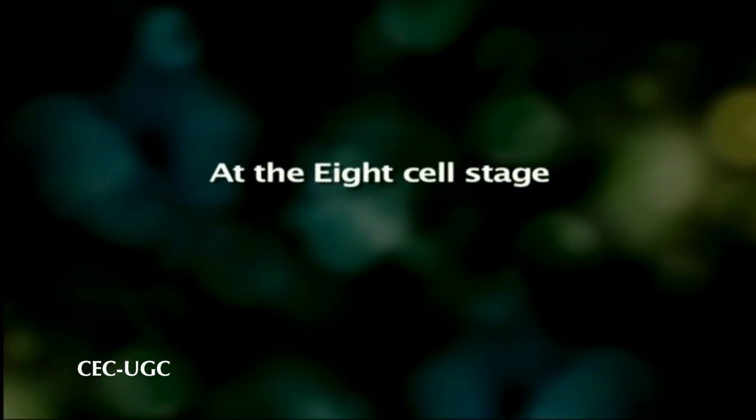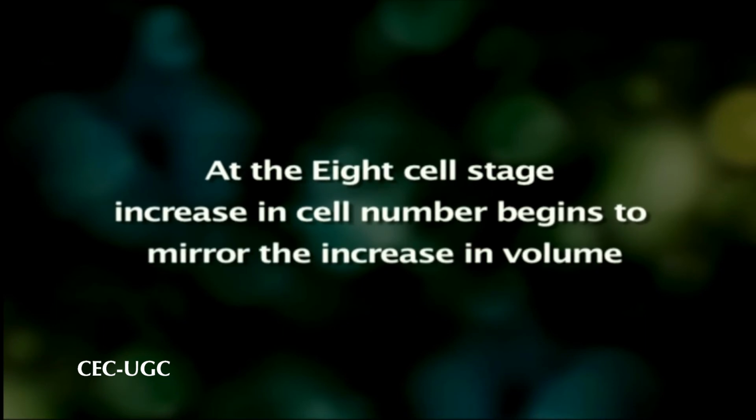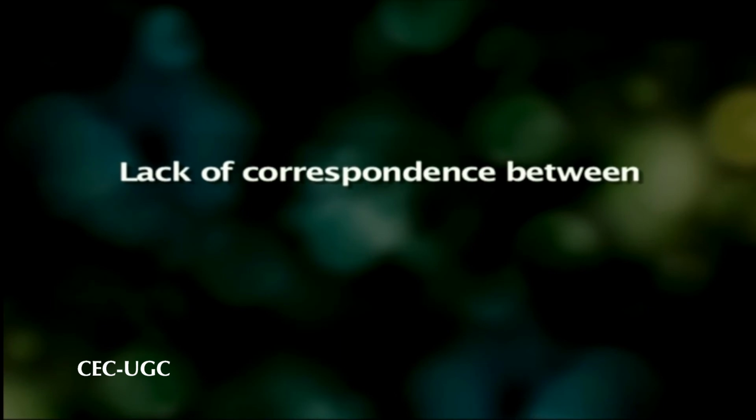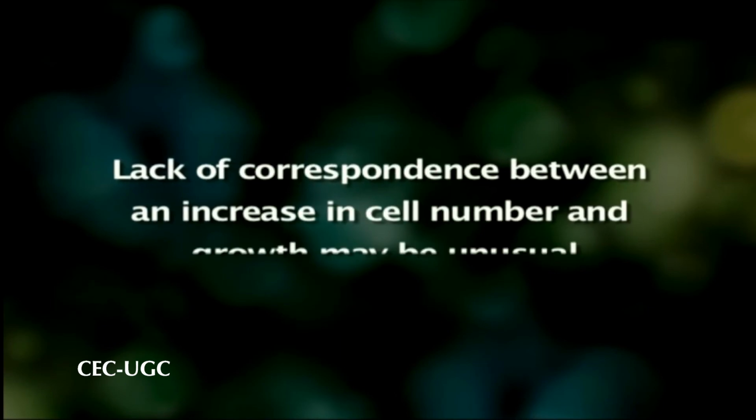Only after it reaches the 8-cell stage does the increase in cell number begin to mirror the increase in volume. Since the zygote is an especially large cell, this lack of correspondence between an increase in cell number and growth may be unusual, but it points out the potential problem in equating an increase in cell number with growth.